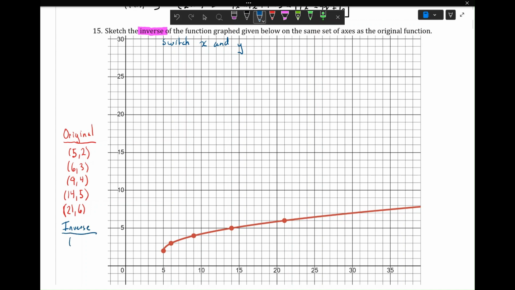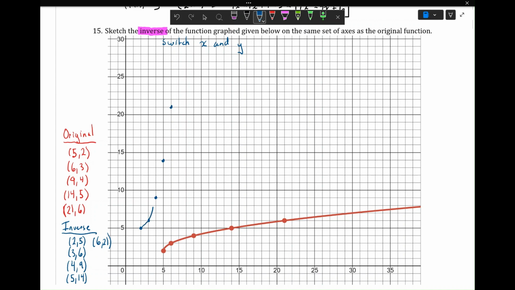So my inverse has the points 2, 5, 3, 6, 4, 9, 5, 14, and 6, 21. So I'm going to go ahead and plot those points. 2, 5, 3, 6, 4, 9, 5, 14, 6, 21.